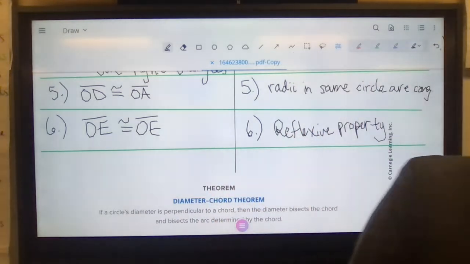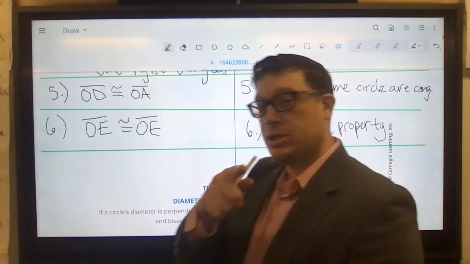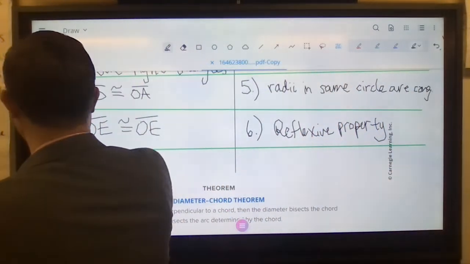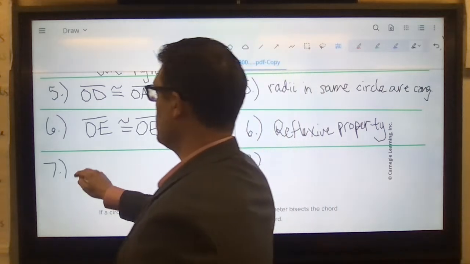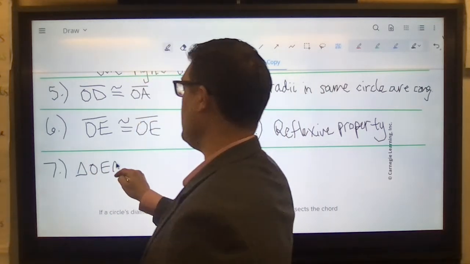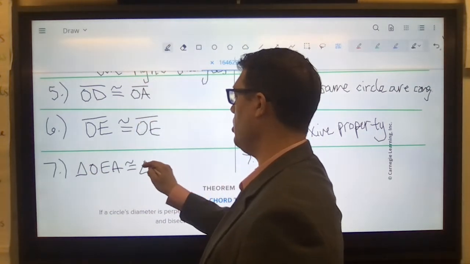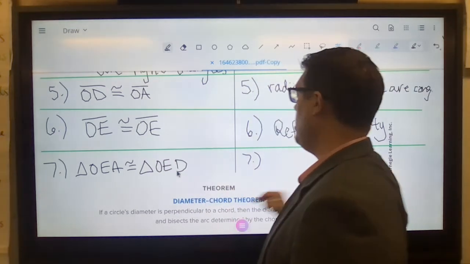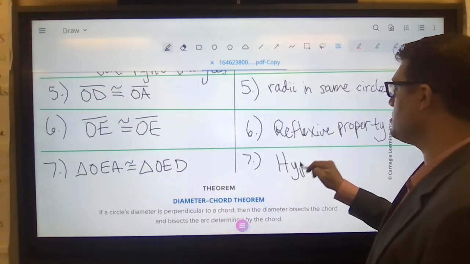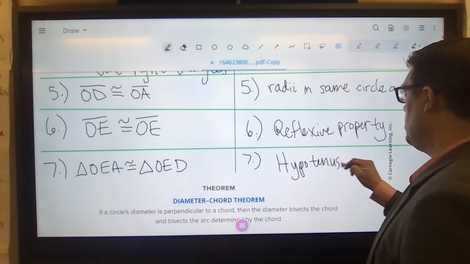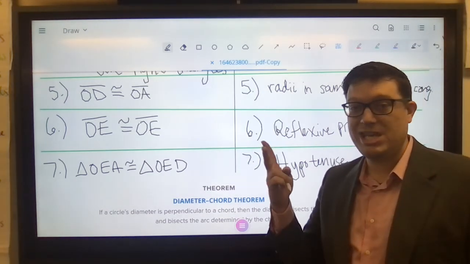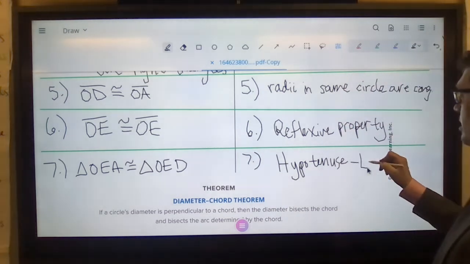Oh, okay, 7. Guess what? That means that the triangles are actually congruent. So 7, triangle OEA is congruent to triangle OED because we have a hypotenuse. That hypotenuse is OD and OA, and a leg.